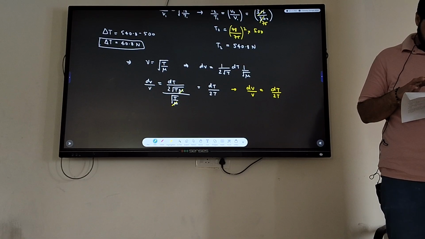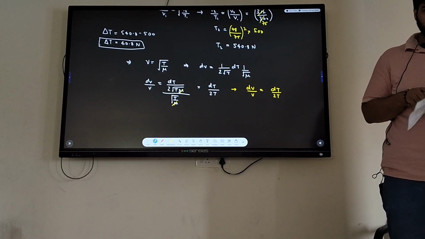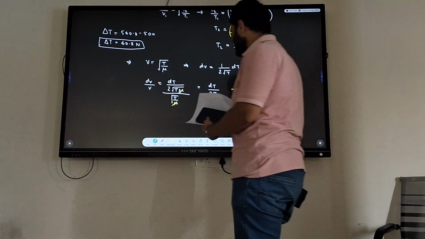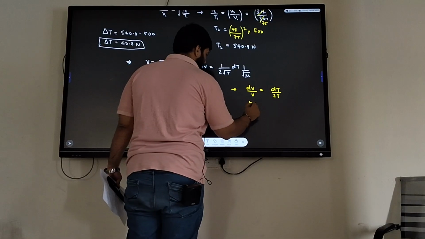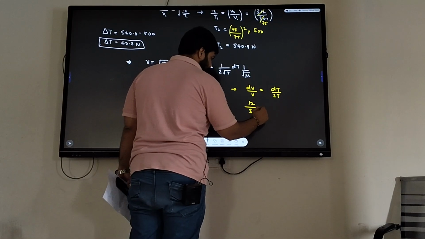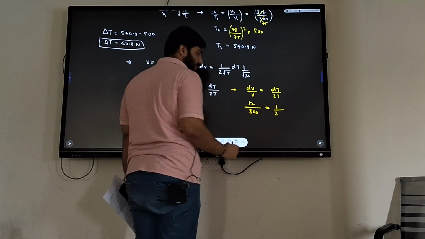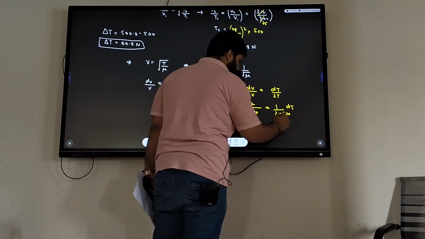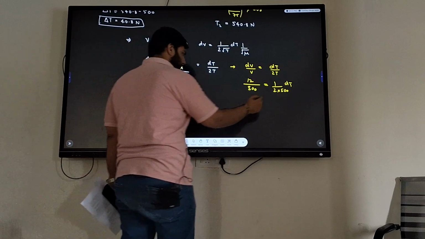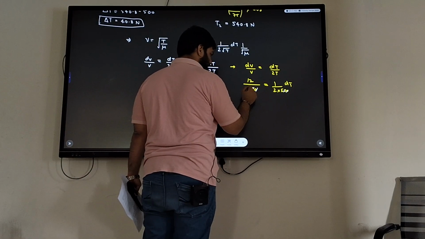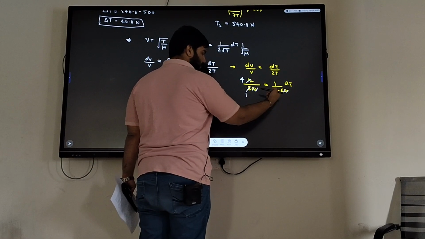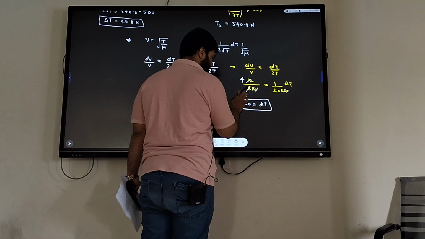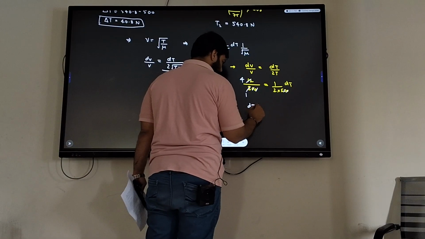V is 300 and 2T, I can directly substitute, right? dV is 12 and V is 300, and this will be 2 into what is T? 500 Newton, and this will be dT. So I think ये zeros मिलाएंगे, 3 4s are 12, ये 40 हो जाएगा. So the change in tension is coming out to be 40 newton by this method.